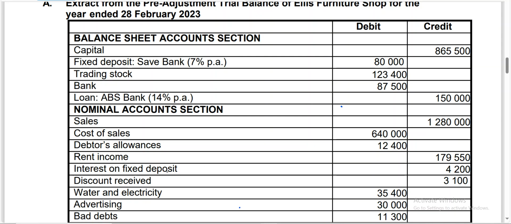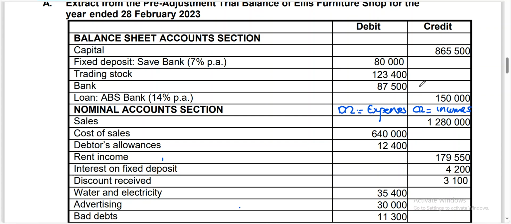Remember, the debit side represents your expenses, which are divided into different categories, and the credit side represents your incomes under the nominal section. Make sure that you highlight this information.